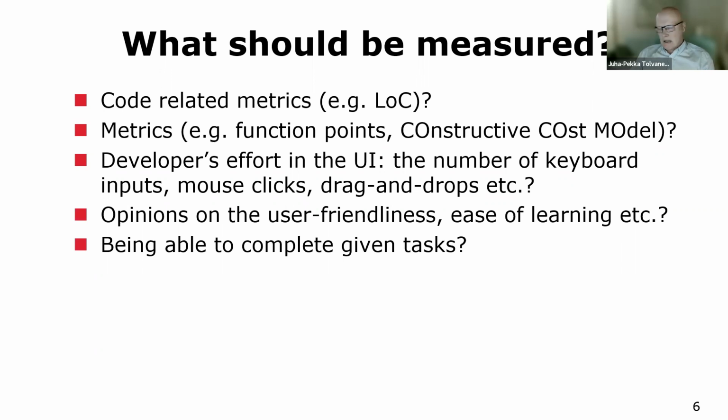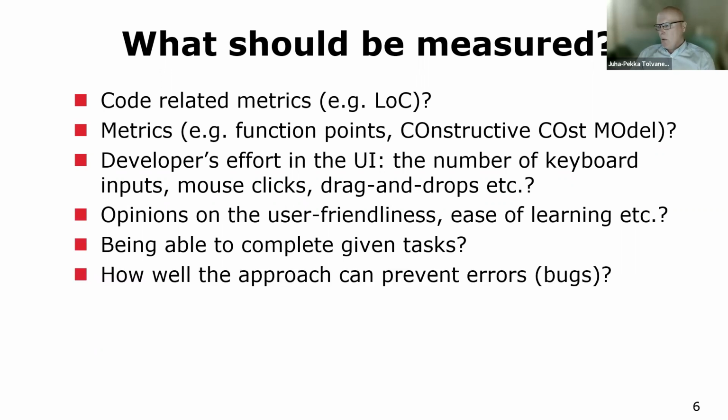Or there are some studies which ask whether the language allows me to complete the task. Or maybe can it allow me to complete the task with a minimum number of errors, or ideally no errors? All these have been successfully applied and shown also in academic publications.